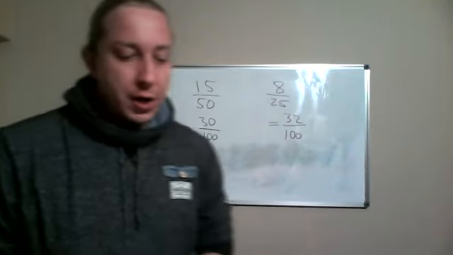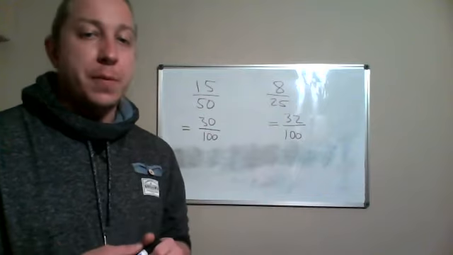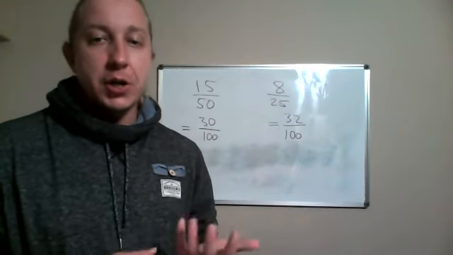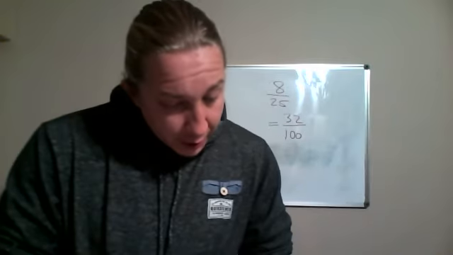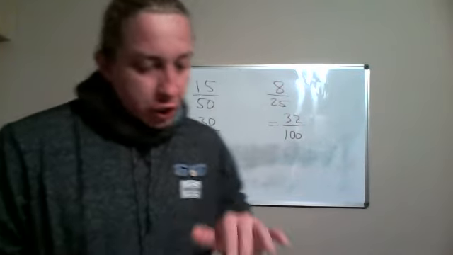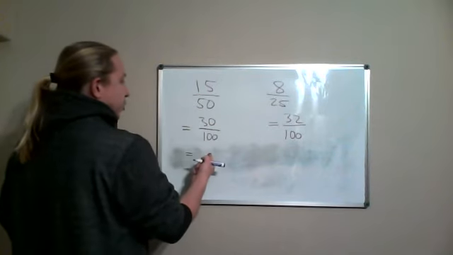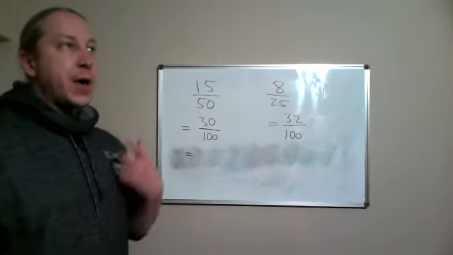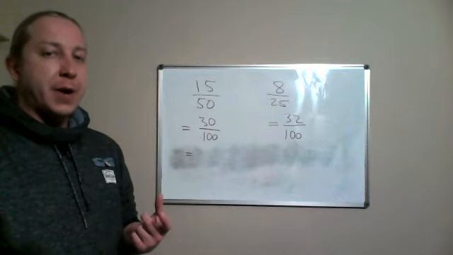Okay, so again, we have to get the common denominator. In this case, the common denominator is 100 because we're dealing with percentages. All right, so let's continue. Or actually, one more step here. Let's turn this into actual percentages. Remember what I said? If we have a percentage and you want to go to a fraction, we divide by 100.